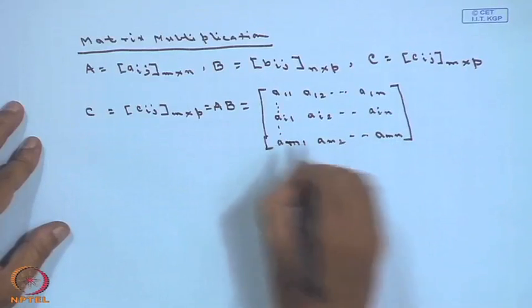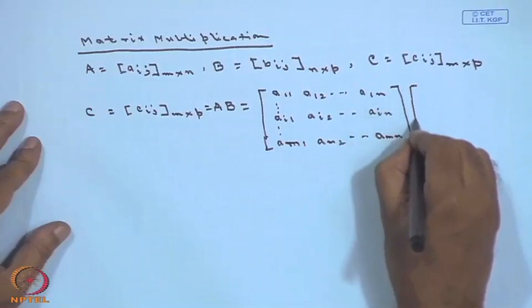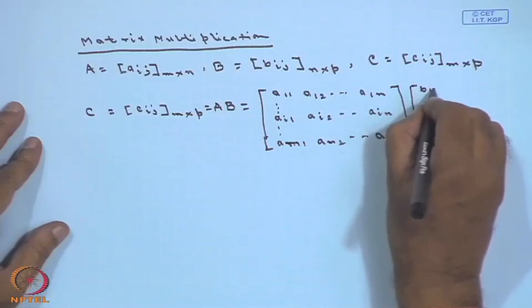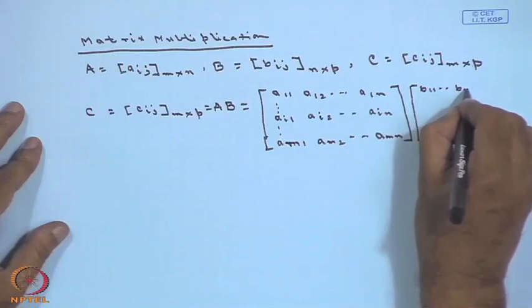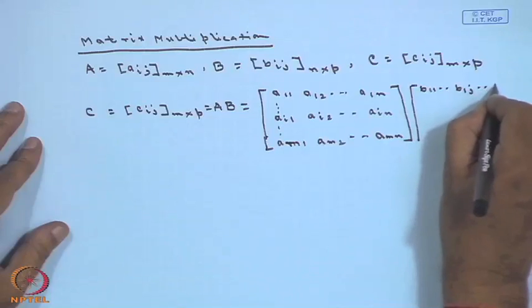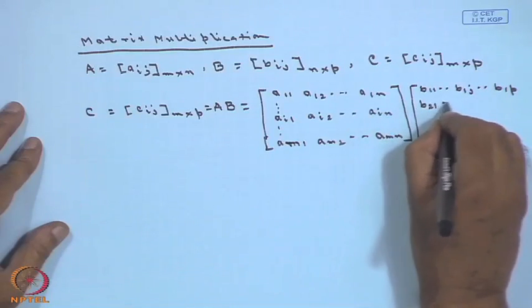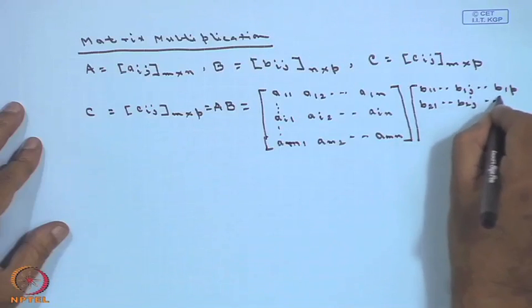This is the matrix A, and you have the matrix B. Similarly, B11, here I am writing B1j, B1p, B21, B2j, B2p.